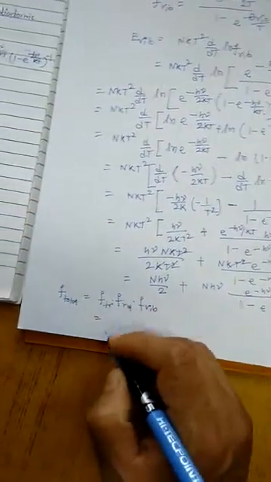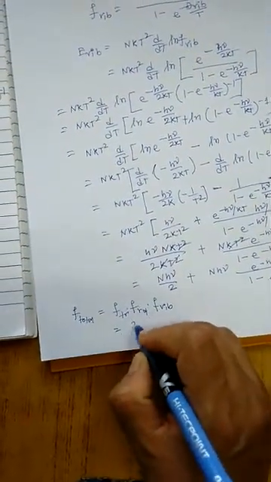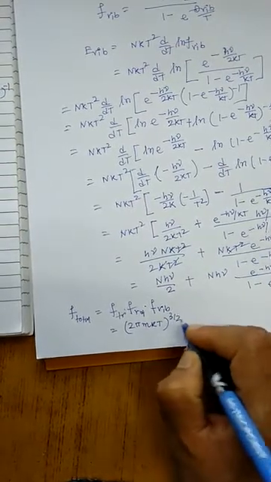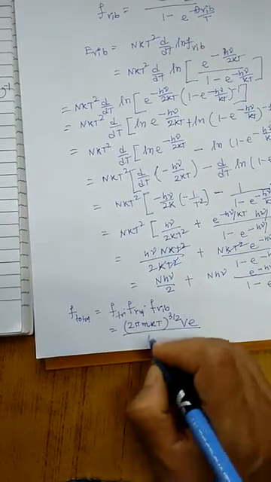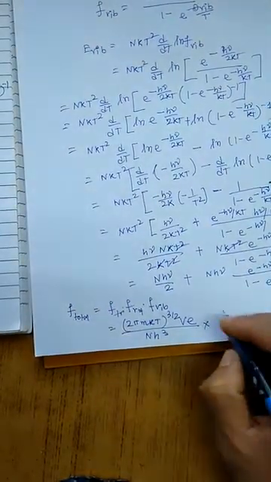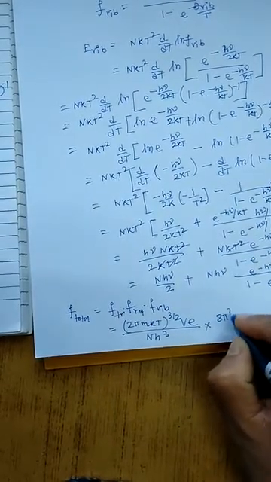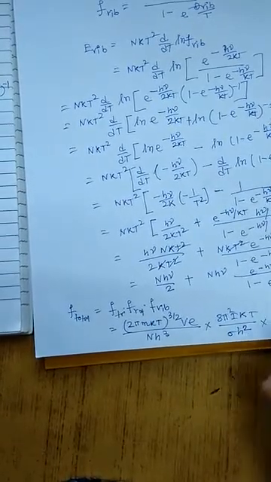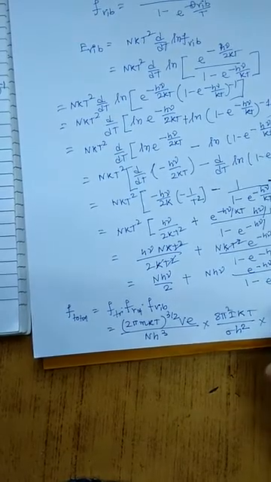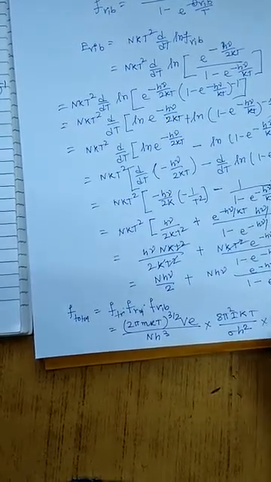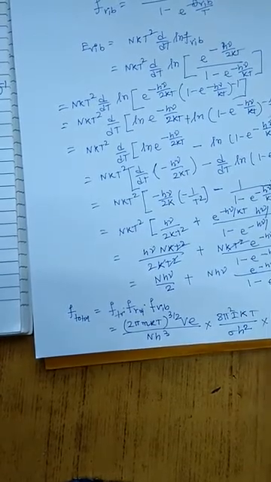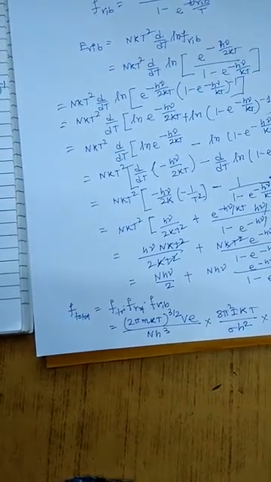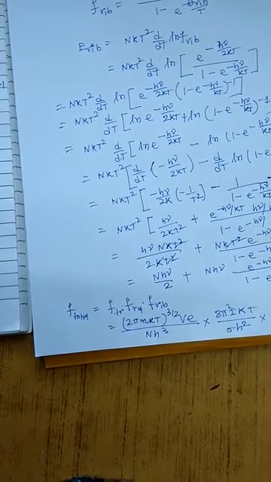So putting the values of f translation, that is (2 pi m kT) whole to the power 3 by 2 times volume times e divided by N h cube, multiplied by the rotational partition function 8 pi square I kT divided by sigma h square, multiplied by the vibrational quantity e to the power minus h nu by 2kT, and if I express this in this way, sorry, times (1 minus e to the power minus h nu by kT) whole to the power minus 1.